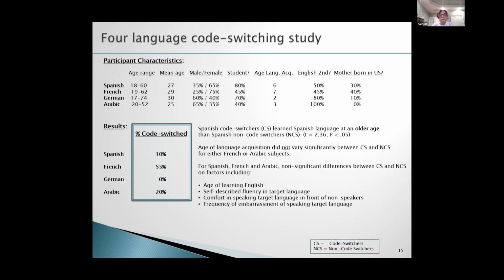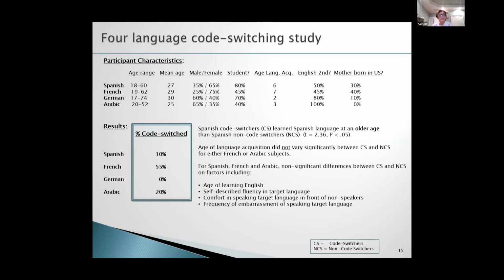This was puzzling to us, and we thought, okay, maybe it has something to do with the age of learning the language, self-described fluency, comfort in speaking the target language, or frequency of embarrassment of speaking that language. But none of these factors seemed to play an important part in this. None of it was significant.